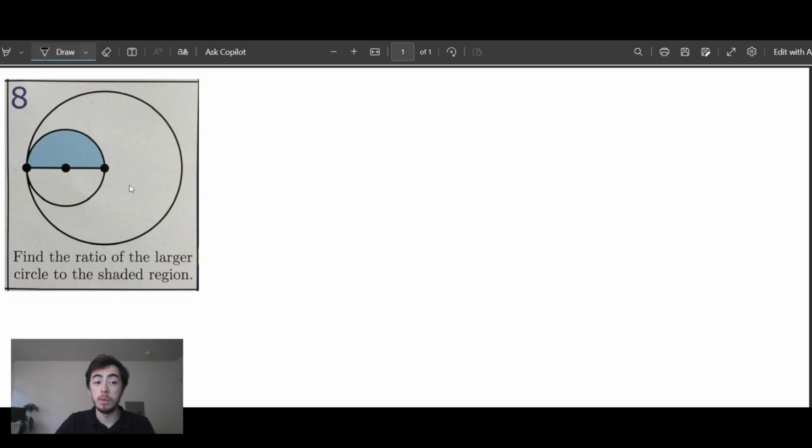Let's introduce a variable. Sometimes a good idea when you're working with lengths and you're not quite sure what the lengths are. Let's just say that this distance right here is, why not little d for diameter? And we can compare it to capital D for the larger diameter of the larger circle.